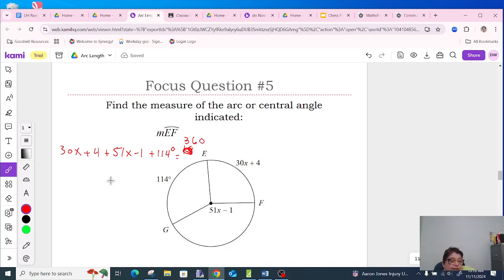Okay, so now you're going to combine your like terms. What's 30x plus 51x? 81x. So now I'm going to have to do the numbers. I have 4 minus 1, which is 3, plus 114, which would be 117, right? Because you have a minus 1 here.